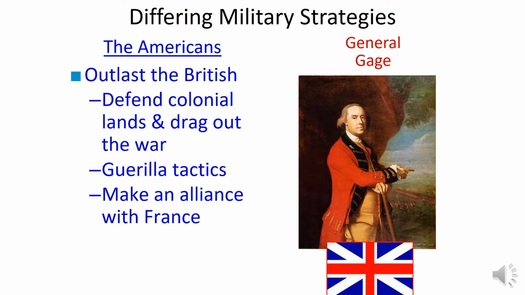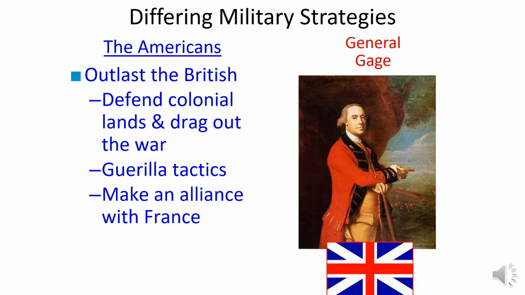How long is this going to go on? How long do we have to pay for this? We don't want to pay for this anymore. And so a lot of times the opposing military can say, hey, if we just wait these people out, if we wait until their morale is down and their people back home want them to come back, and if we wait until they realize this is not worth our time, we can win the war.